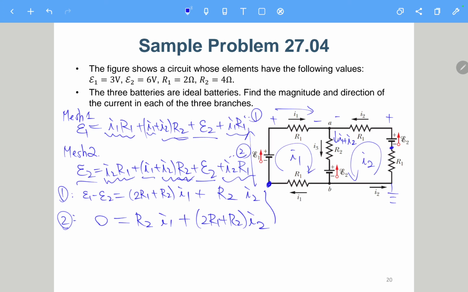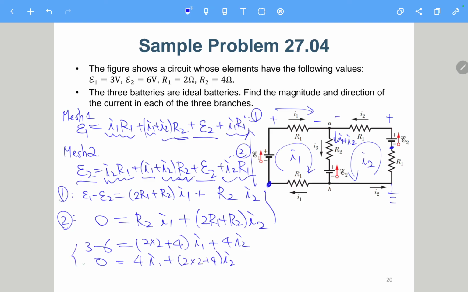Actually we can just plug in the numbers. E1 is 3 minus 6 equals 2 times 2 plus 4 times I1 plus 4 I2, and the next one is 0 equals R2 is 4 I1 plus, here is still 2 times 2 plus 4 I2.